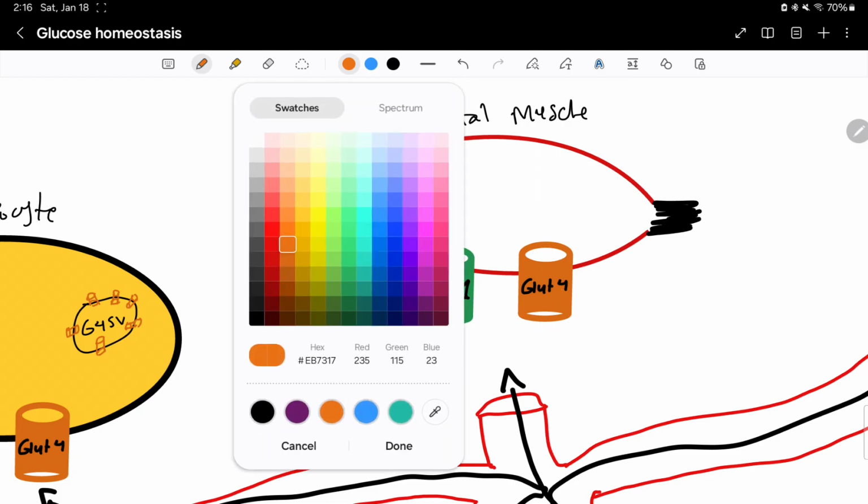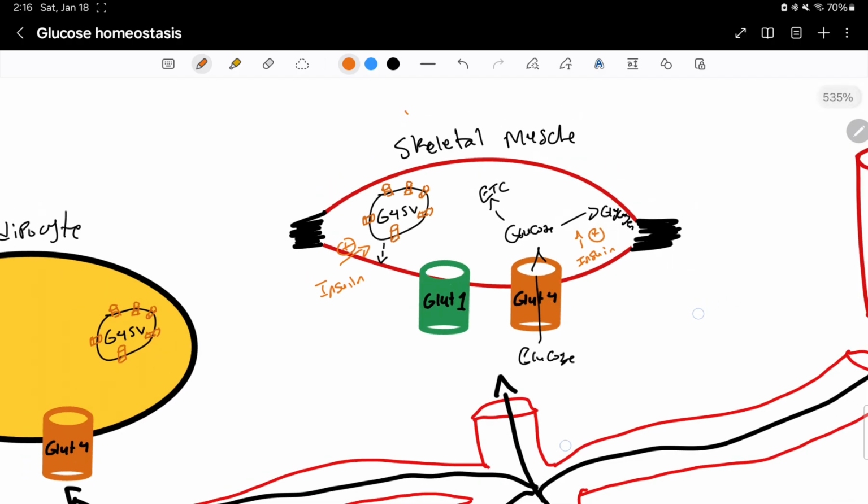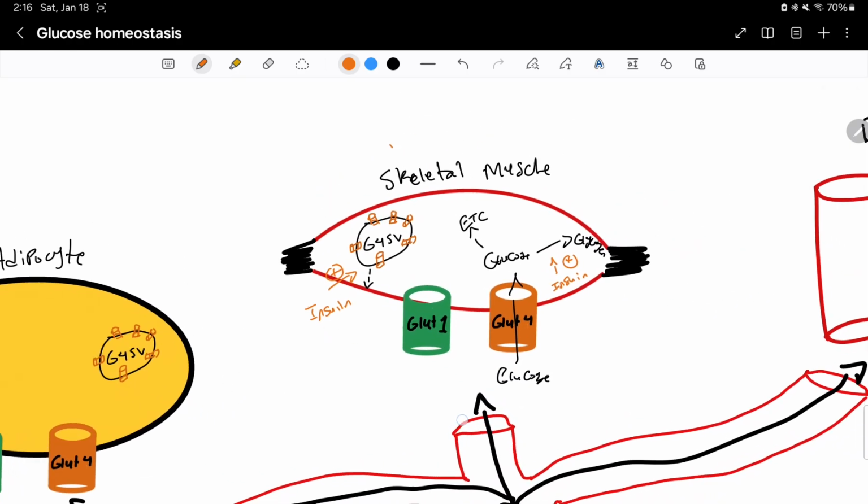Once that happens, the glucose will get absorbed through the GLUT4 transporter and it'll come in. Once it comes in, some of it might be used for energy, but the majority of it will actually be turned into glycogen. It'll be stored for later. And who's stimulating this step? Insulin. So that's what's happening at the level of the skeletal muscle.